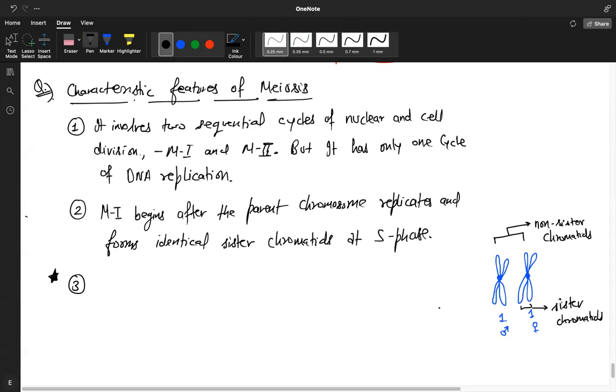Yes. Now, in the non-sister chromatids, because they are identical, let's say this green area talks about a gene. Because they both are identical, there is a gene present here in both these chromosomes. Because they are the same chromosome coming from two different parents, they are called homologous chromosomes. What are they called?